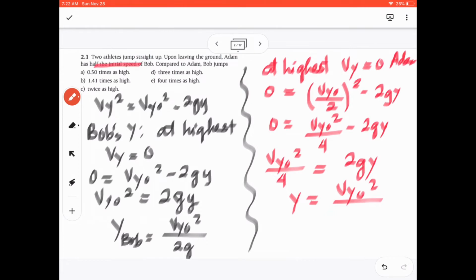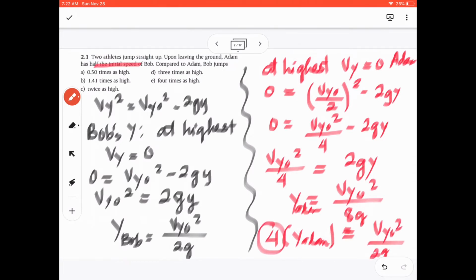If you cross multiply, it will become 8g. So this is Adam's, and it is over 8. So if you multiply by 4 the vertical height achieved by Adam, it's equal to Bob's y distance, Vyo squared over 2g. So our answer is 4 times as high.